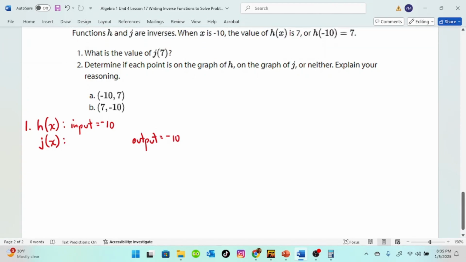And on h of x, they said the output was 7. That means on j of x, the input would equal 7. So to answer their question, what is the value of j of 7? The answer would be negative 10. We simply take that input-output pair and we swap it.